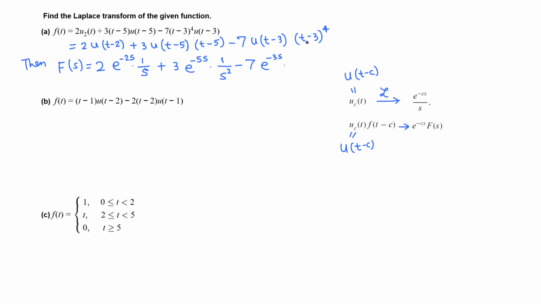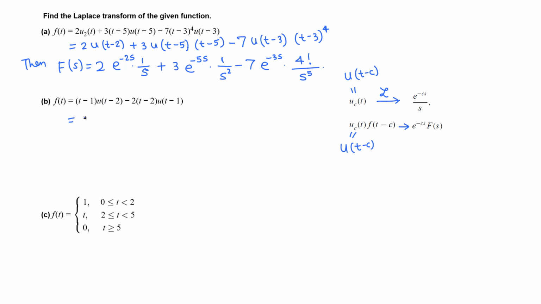Looking at the table, t to the 4th is 4 factorial, 4 times 3 times 2, 24, over s to the 5th. Okay, this is final. Now let's move to the second question.